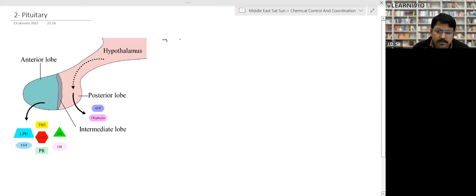Next, this is the smallest endocrine gland, with 1.3 centimeter in diameter and 0.5 gram in weight.